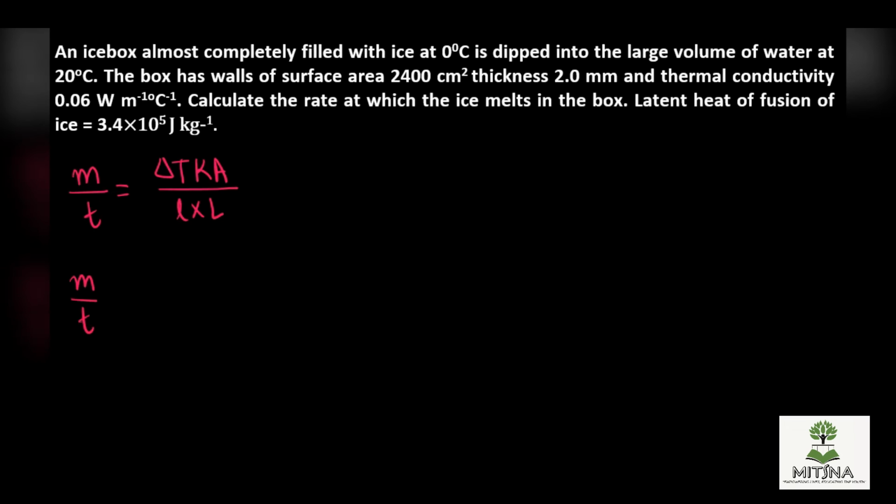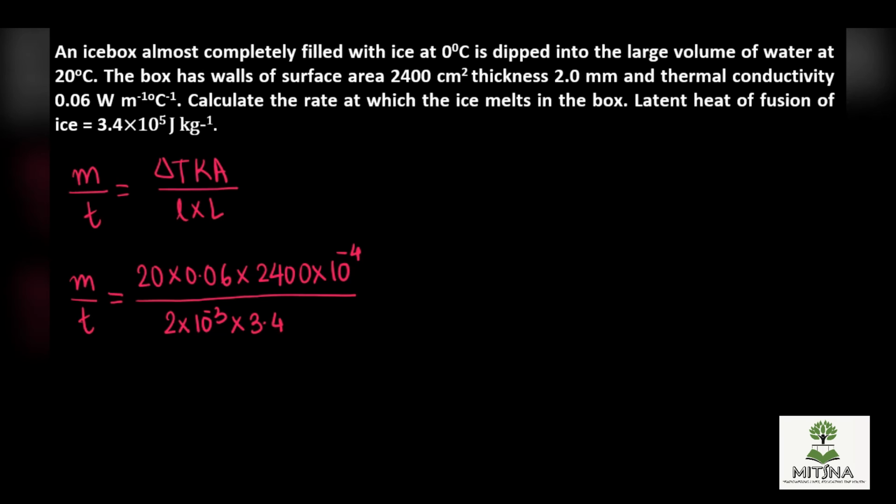Here we have m divided by t is equal to, we put the respective values. Change in temperature is 20 multiplied by 0.06, which is the thermal conductivity, multiplied by the area, which is 2400 multiplied by 10 to the power minus 4, whole divided by the thickness, which is 2 times 10 to the power minus 3, and the latent heat of fusion, which is 3.4 multiplied by 10 to the power 5.